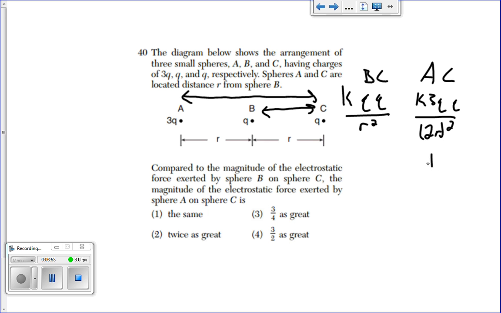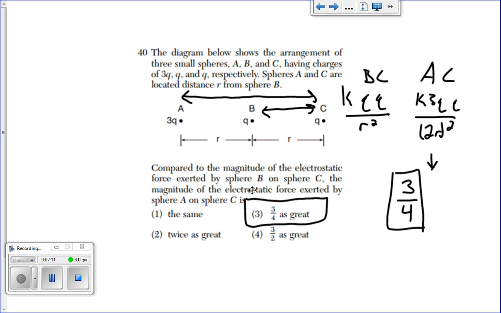If we pull this down and simplify it a little bit, pulling the numbers out, we have 3 over 4. So your AC force is 3/4 of the BC force. There is your 3/4 right there.